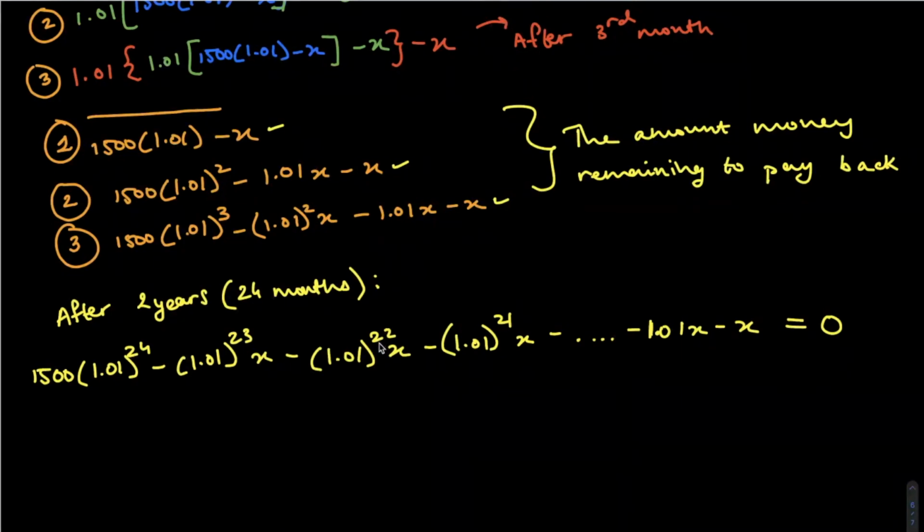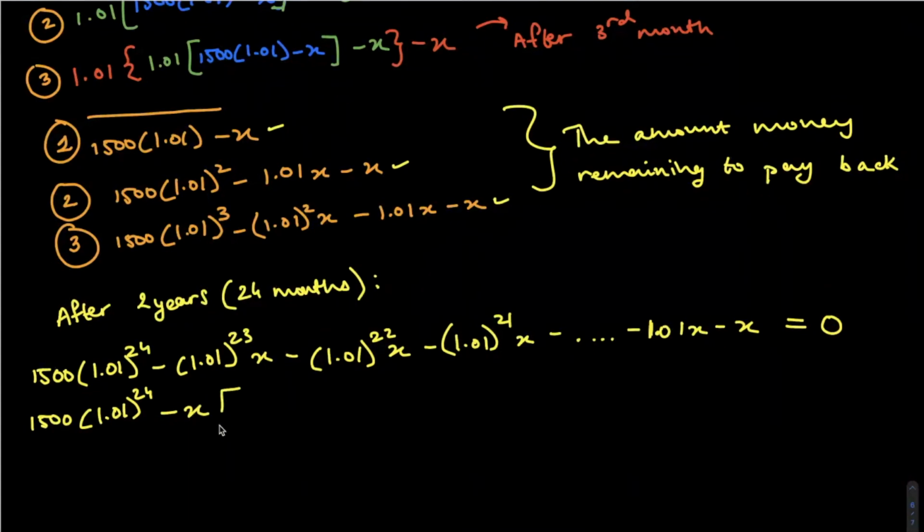I'm going to factorize some variables out here and there, and then we're going to have something. So if I do some manipulation here, what I'm going to get is 1.01 raised to the power 24 minus x. I'm going to factor out the minus sign and the x.